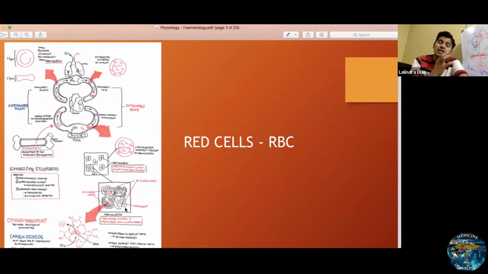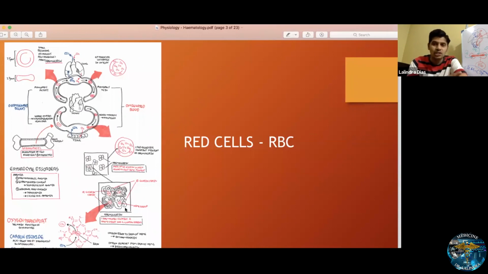Then you have certain anemias where you get large red cells, what we call macrocytic anemia: B12 deficiency, folic acid deficiency, cirrhosis, alcohol, myelodysplastic syndrome, hemolytic anemia, and hypothyroidism.